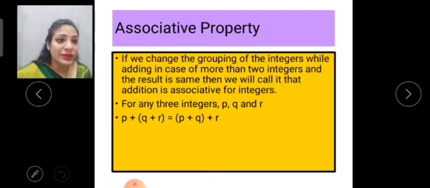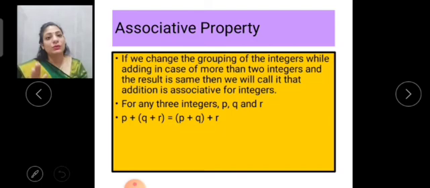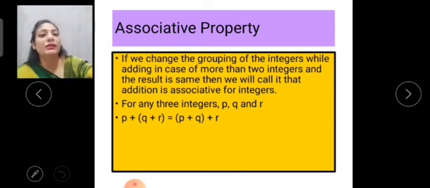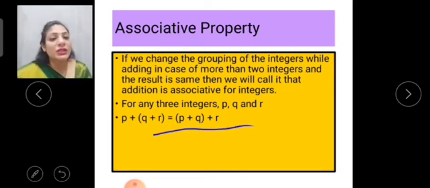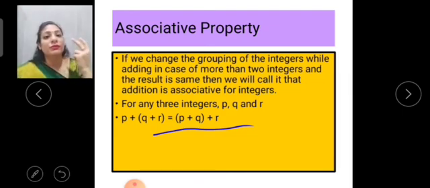For any three integers p, q and r, this is our choice, that we can add any two numbers first and then add the third one. This is called associativity, means you have to group them together. So this is your choice which two you are grouping first.